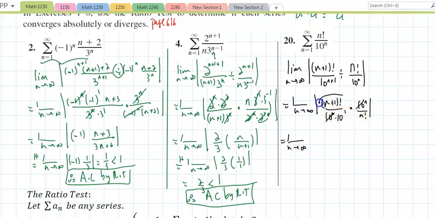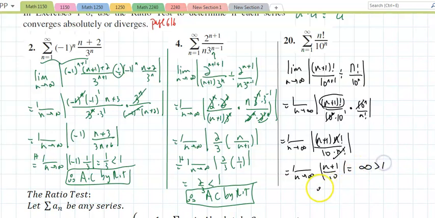Since n plus 1 is bigger, I reduce that. So that's n plus 1. The next term is 1 less. That is the limit as n approaches infinity of n plus 1 over 10. That is infinity, which is bigger than 1.